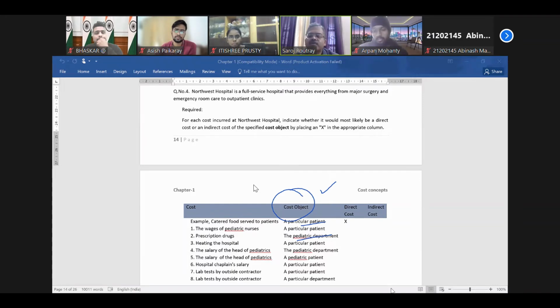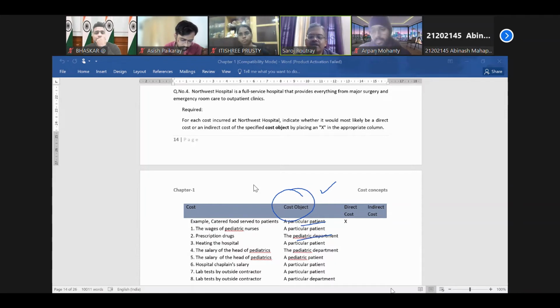Some patients will stay for 1 day, some for 3 days, some for 15 days. And the salary of the nurse is, for example, 10,000. How can you identify it with one patient? You can't identify, because the salary is paid for the whole month, and the nurse works for 30 days for so many patients.